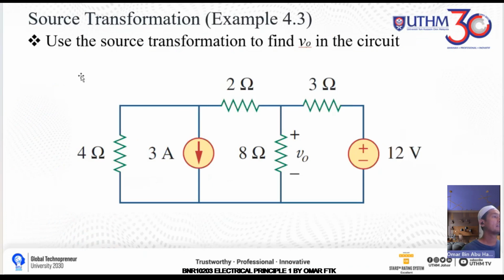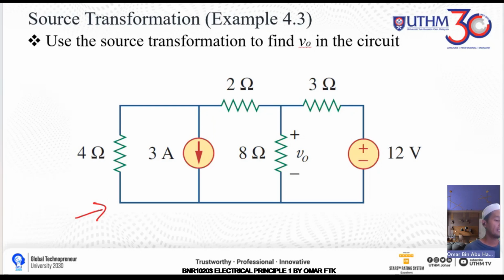For example, this is example 4.3. It asks us to transform the circuit to find the value of Vo in the circuit. So you have to do the source transformation to simplify, because sometimes this kind of circuit is a little bit complex for us to analyze quickly.